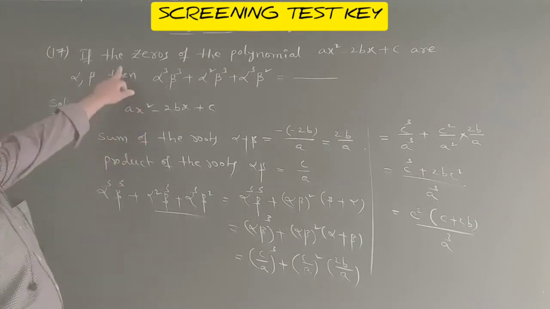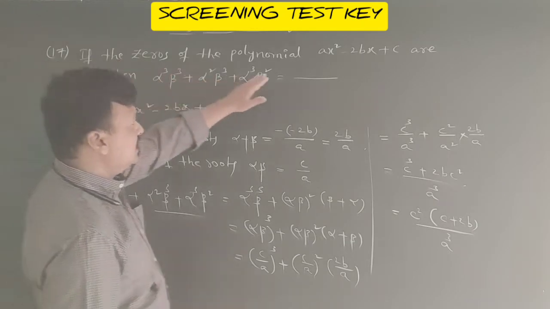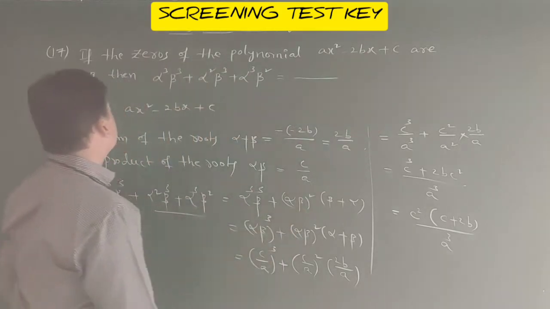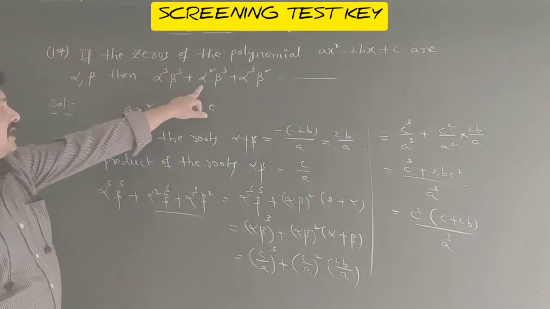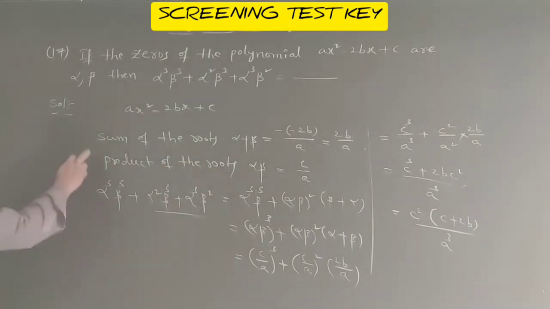Once again, if the zeros of the polynomial are for ax square minus 2bx plus c, here a is a only, b is minus 2b, and c. So alpha cube beta cube plus alpha square beta cube plus alpha cube beta square we require. First of all, sum of roots alpha plus beta is 2b by a. Product of the roots alpha beta is c by a.